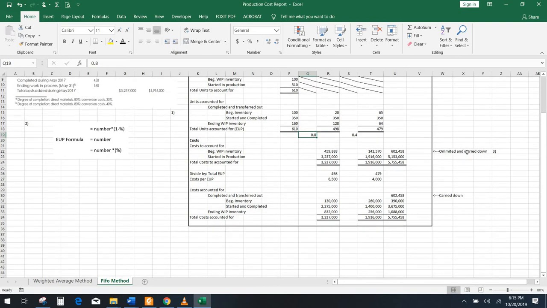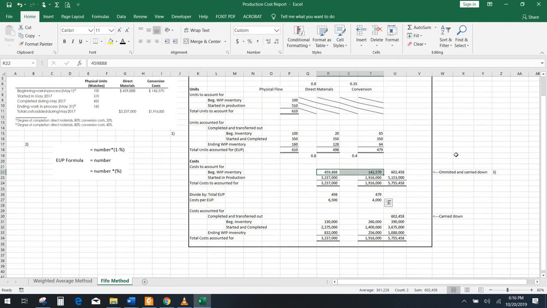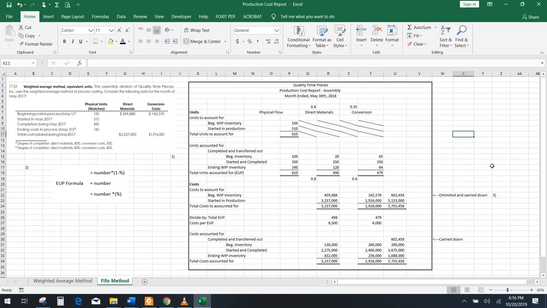And the third major change is you omit these two numbers when calculating the cost per EUP, and then you just simply carry that number down to the bottom of the worksheet to calculate the total cost accounted for. So I hope this helps, and good luck on your test.